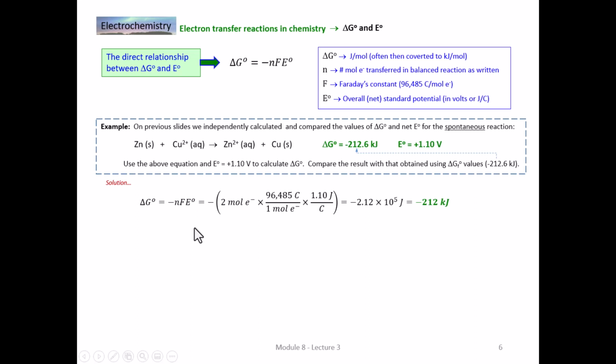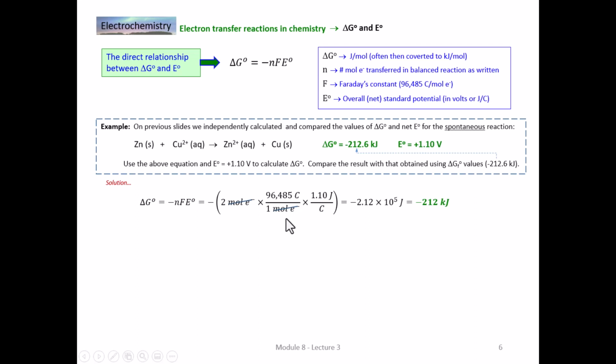We have 2 moles of electrons, n is 2. Why? Because when you look at this balanced net ionic equation, the number of electrons transferred is 2. Zinc lost 2 electrons. Those 2 electrons go to copper 2 plus to form copper. So n is 2, and it's 2 moles of electrons. Faraday's constant, 96,485 coulombs per mole of electrons.